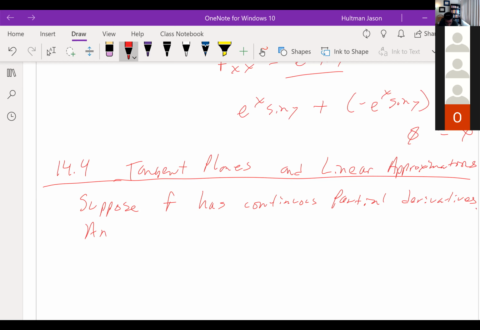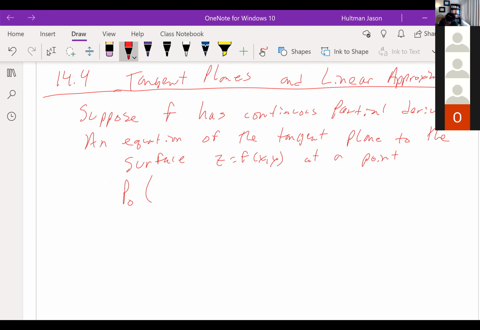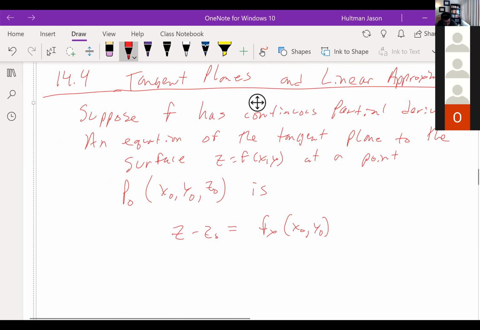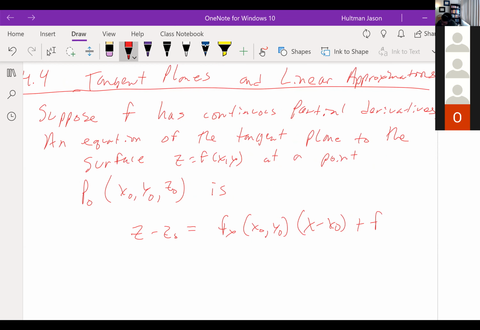An equation of the tangent plane to the surface z equals f of xy at a point P naught, which is (x naught, y naught, z naught), is z minus z naught equals the partial with respect to x, evaluated at (x naught, y naught), that's the slope at that point, times x minus x naught, plus f sub y, evaluated at (x naught, y naught), times y minus y naught.